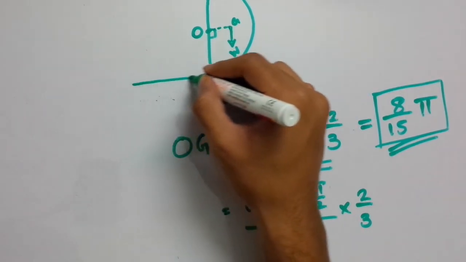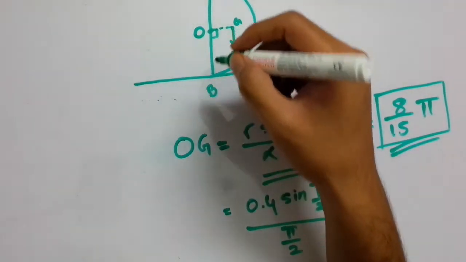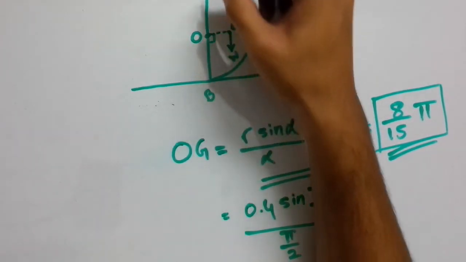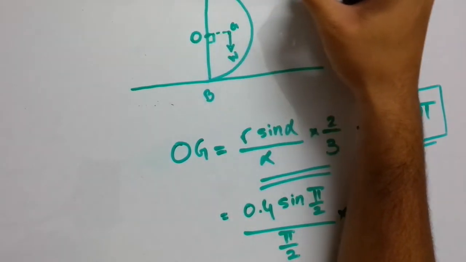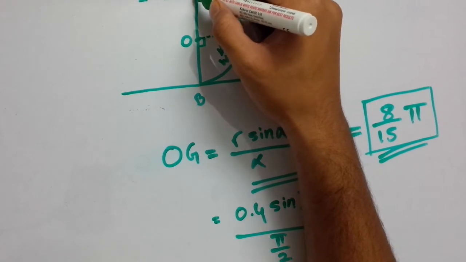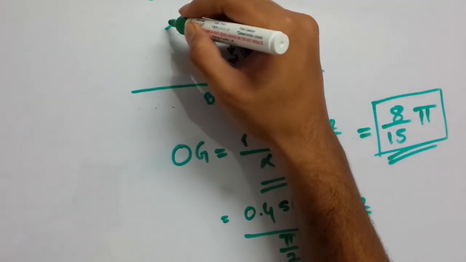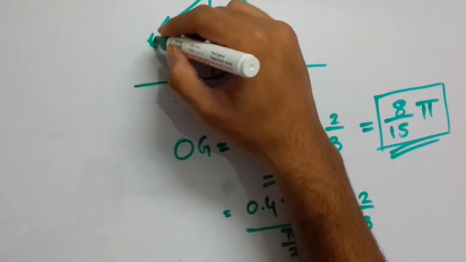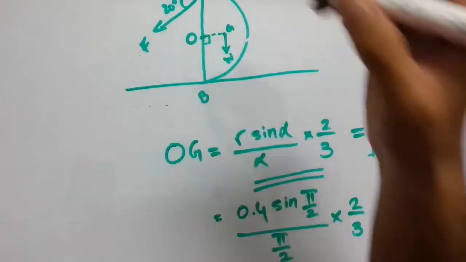Now the lamina is at rest on a rough horizontal surface, and a force is acting at 20 degrees below the horizontal at A, which means this is the horizontal at A, and some force, let's call that F, and it's acting at 20 degrees.